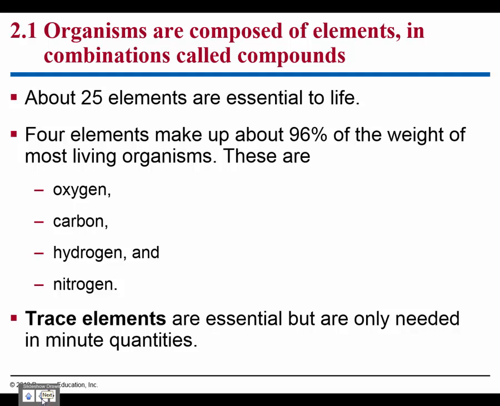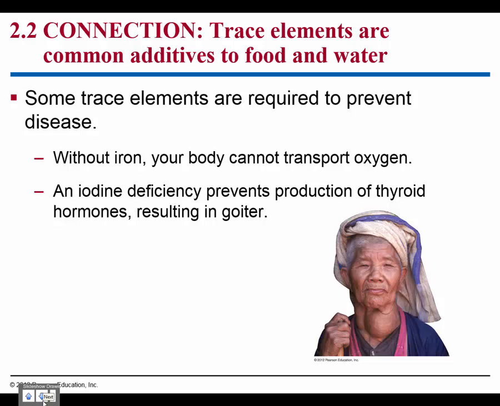So you think of an iron deficiency. Iron is an element that's very, very important in the body, but we don't need a ton of it. We don't need to eat an iron skillet every morning. In fact, just very, very trace amounts or small amounts of it are enough to help us.